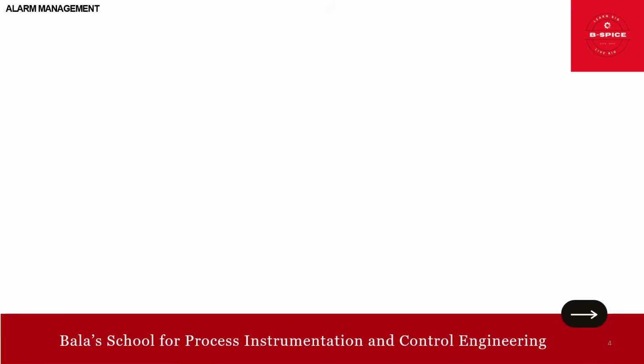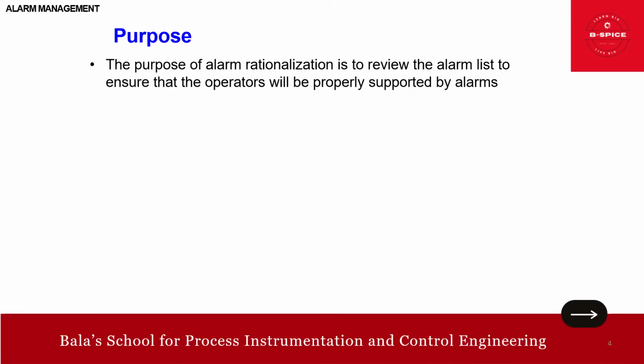Now we go into the purpose. The purpose of alarm rationalization is to review the alarm list to ensure that the operators will be properly supported by alarms. As simple as that. Alarms should help them maintain situational awareness and should not distract or overload them with unnecessary alarms and alarm floods.